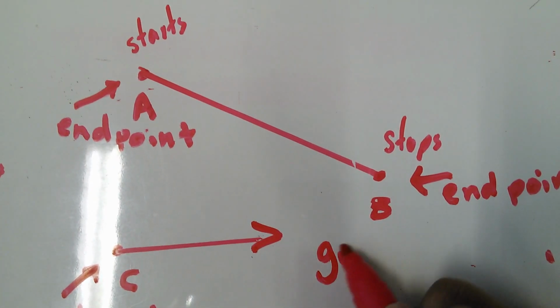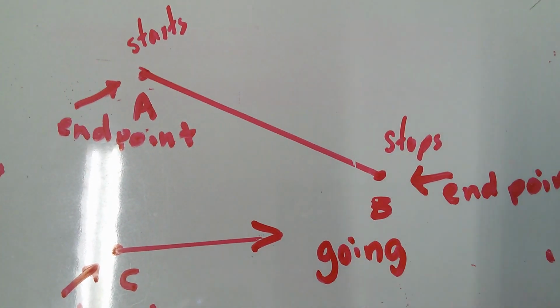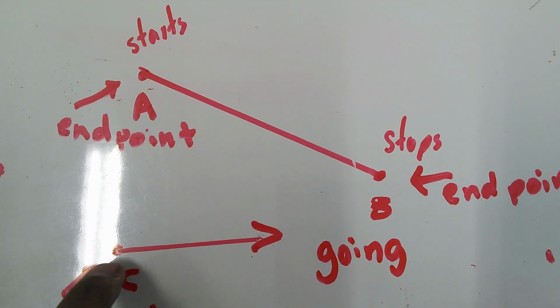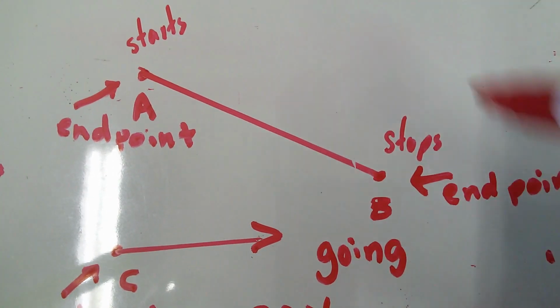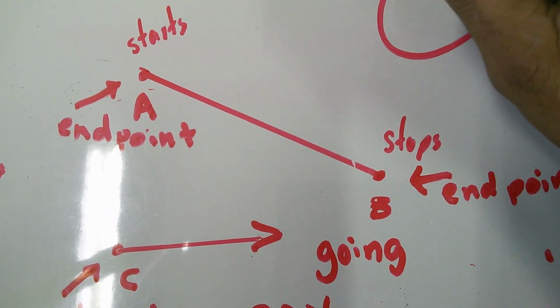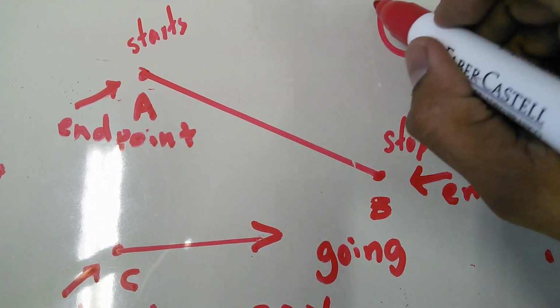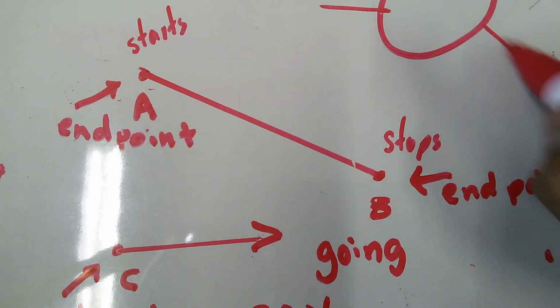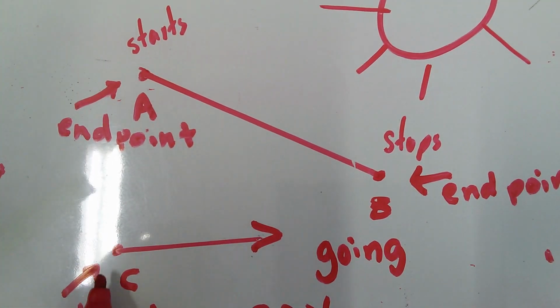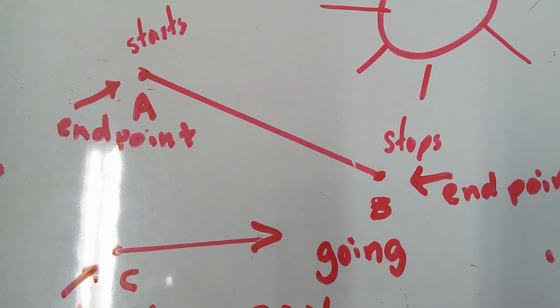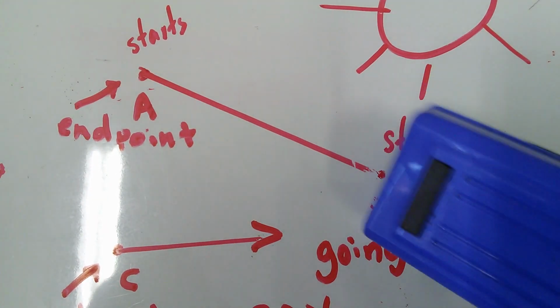When it ends and it keeps going, we call this a ray. It reminds me a lot of a sun ray, because a sun ray starts at the sun, and then it just keeps going on and on forever and ever. So we call this a ray when it starts in one place and it just keeps going in the other direction.